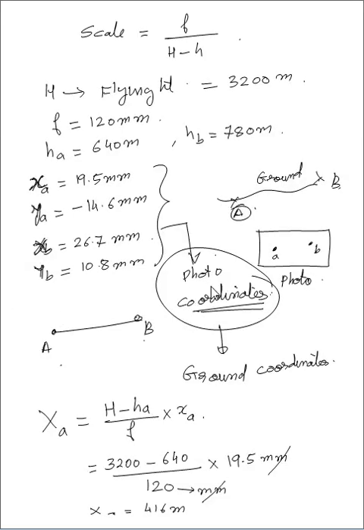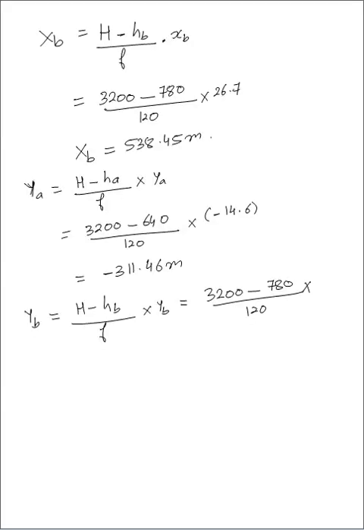Always remember photo coordinates are written in small letters. So calculate it. Capital YB is 217.8 meter. So all the ground coordinates we have got. We have XA, XB and YA, YB, and all the ground coordinates are in meter.